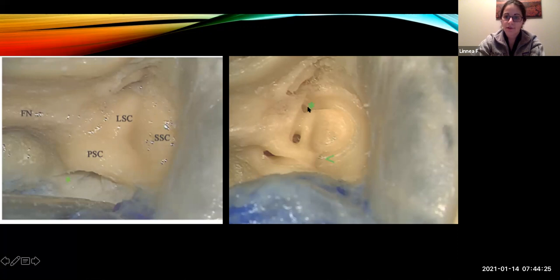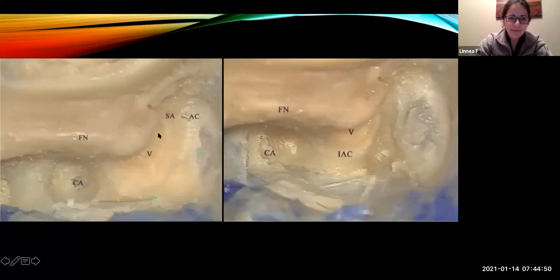As you drill out these beautiful semicircular canals, this is that superior semicircular canal ampulla, which is the superior limit of your IAC. I called this Mike's dot. I meant to look up which Mike that is, and I should probably know, but Mike's dot is that semicircular canal ampulla that you can see.